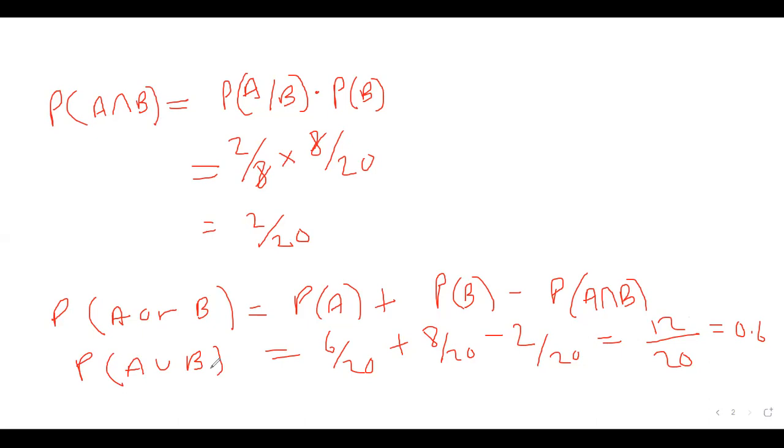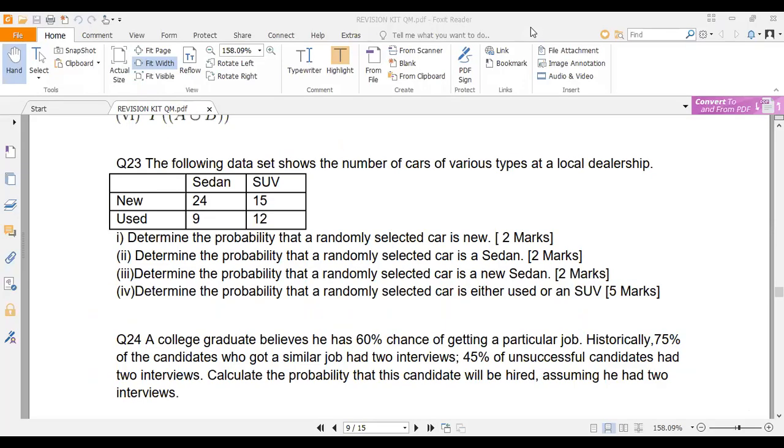Now, I want to take you through the test question so that we could actualize what we've just learned. Let's look at this question he loves to bring. The following data shows the number of cars of various types at a local dealership. We have the sedan and the SUV. What is the probability that a randomly selected car is new?